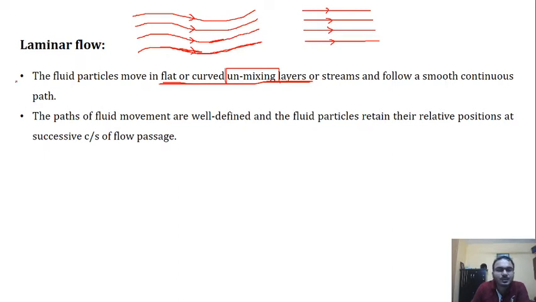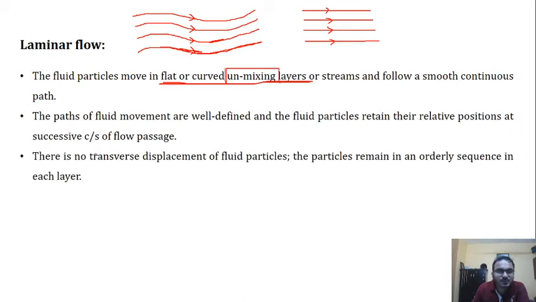Okay, so here if you see again this statement, the paths of fluid particles are well defined and the fluid particles retain their relative positions at successive cross sections of flow passage. There is no transverse displacement of fluid particles, that is, perpendicular to the streamline. So there is no movement of fluid particles in this direction or in this case this direction.